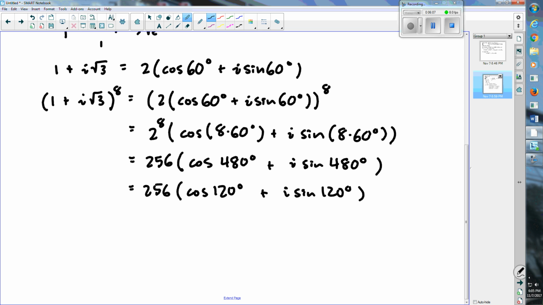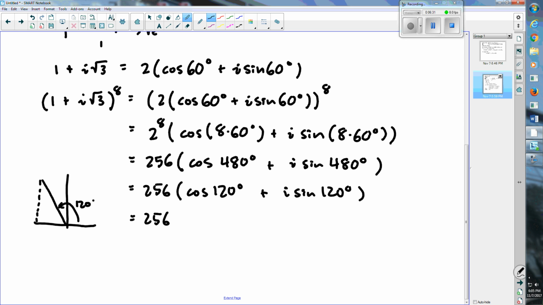Okay, equals 256. And the cosine of 120 and the sine of 120, let me draw this here, erase that first. Let me draw an angle, 120 degrees. We're going to be in the second quadrant. This may be something you already know and you don't need to draw a triangle, but just in case.